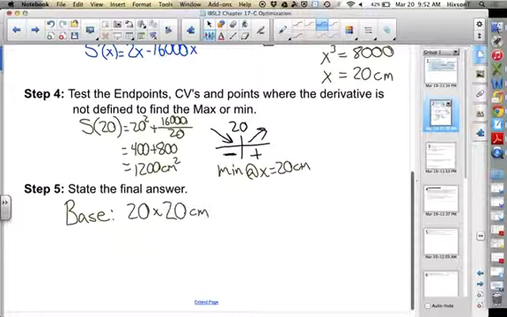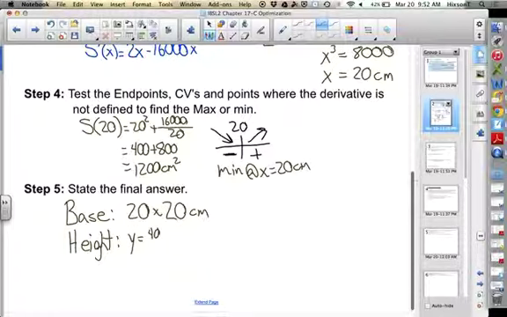The height is, remember, Y is 4,000 divided by X squared. So 20 squared, that's 400. So what's our height? 10. And that gives a clear answer. Our base is 20 by 20, our height is 10. That'll give us the minimal amount of material to hold 4 liters.